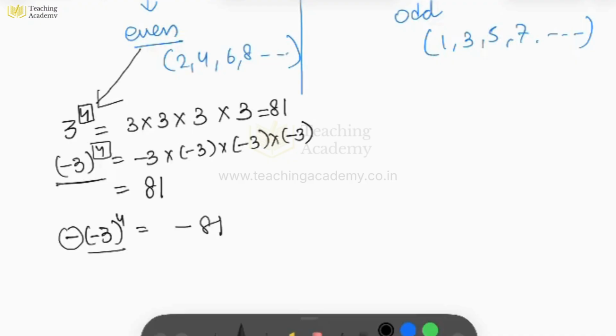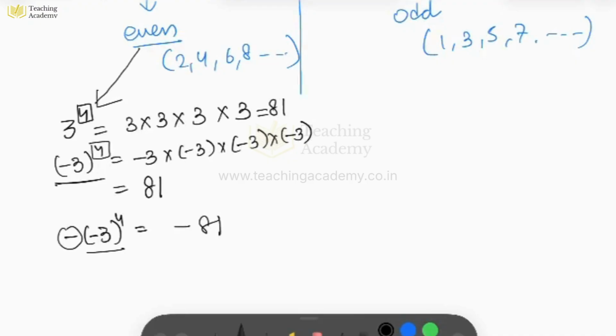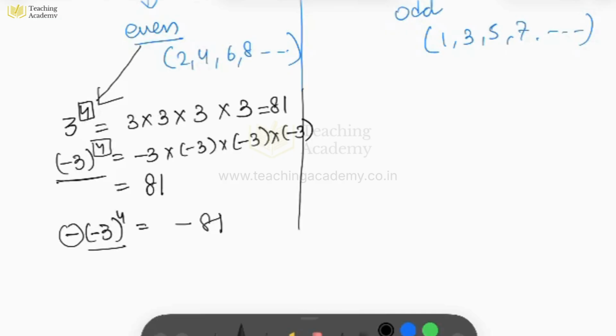Let's take some examples for the odd powers as well. Suppose I'm taking minus 2 to the power 5. The negative is in the base here. That means minus 2 is occurring 5 times.